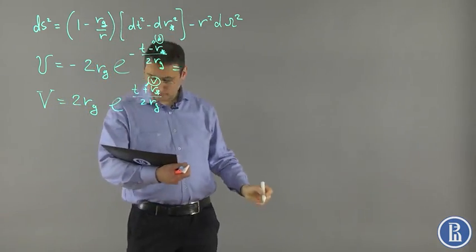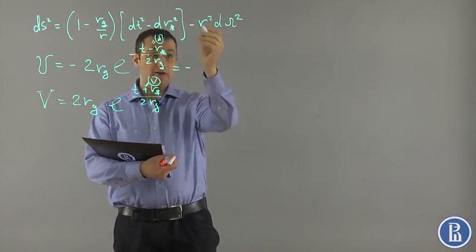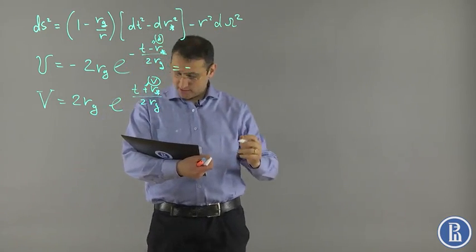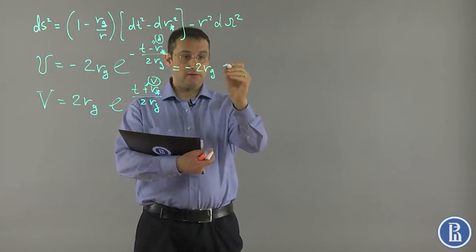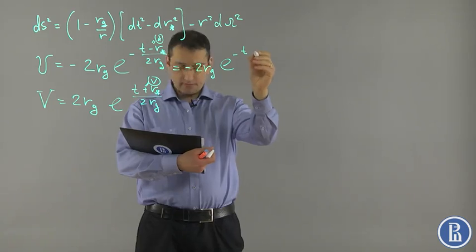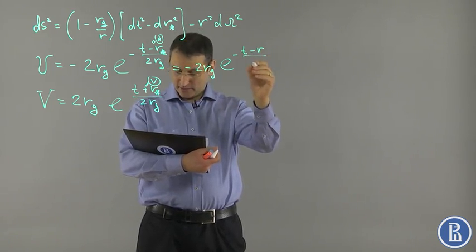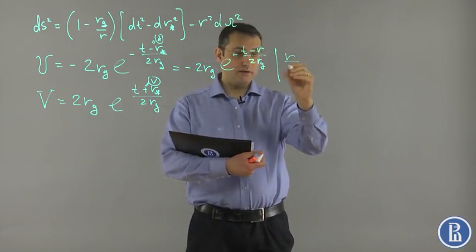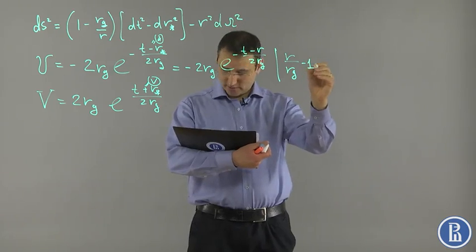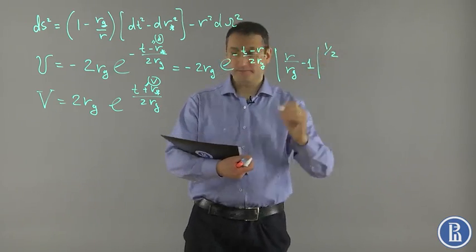So in original r coordinates instead of r star, this coordinate transformation would look like this: U equals minus 2rg exponent of minus t minus r divided by 2rg, multiplied by r divided by rg minus 1 to the one half.